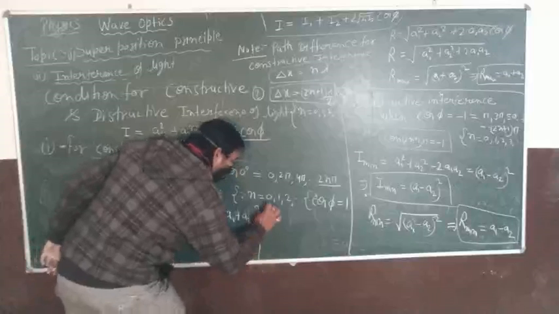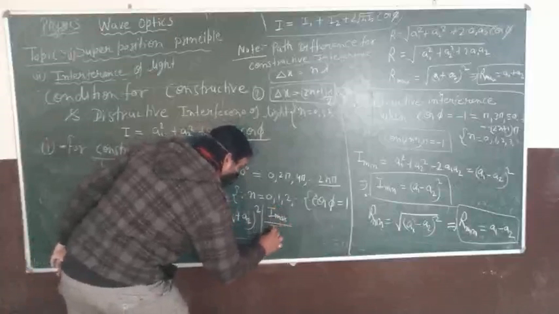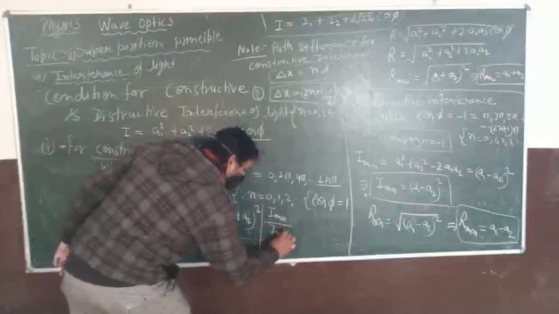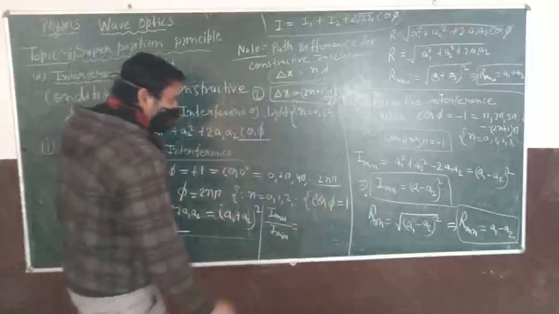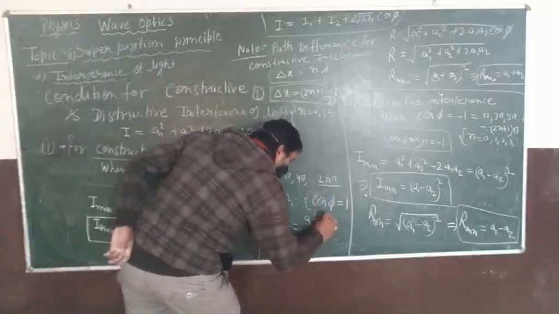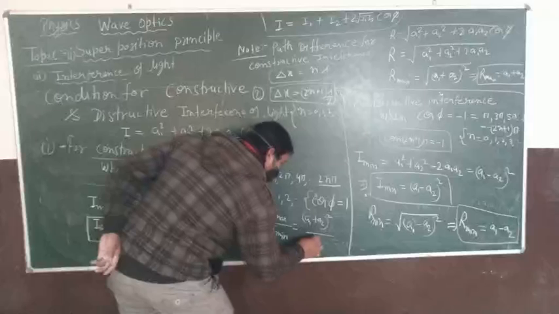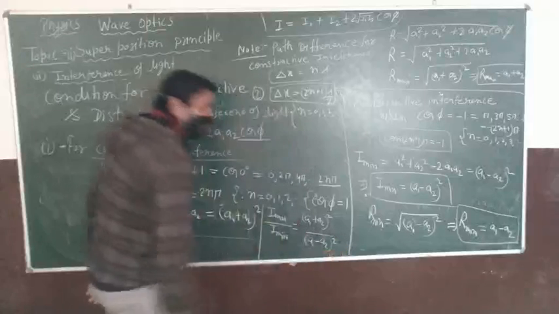So the result for maximum and minimum intensity is A1 plus A2 whole square and A1 minus A2 whole square.